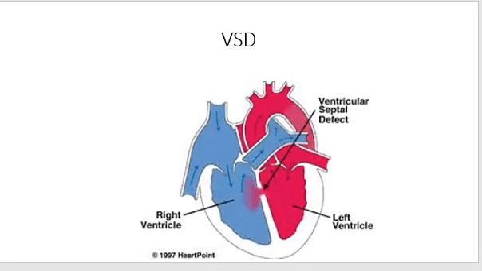Spontaneous closure is most likely to occur during the first year of life in children that have small or moderate VSDs. This is an acyanotic heart defect where the left to right shunt is caused by the flow of blood from the higher pressure left ventricle to the lower pressure right ventricle. So the flow goes this way because the pressure in the left ventricle is higher.